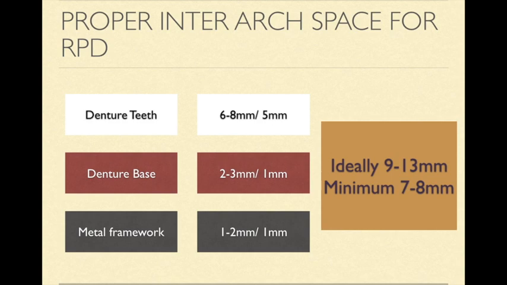But you have to know that if your patient's intra-arch space already falls at the minimum requirement, it means aesthetics or function will be affected. That's not the ideal situation. And if your patient has less than 7 millimeters of intra-arch distance, it is definitely not a case for removable partial dentures.